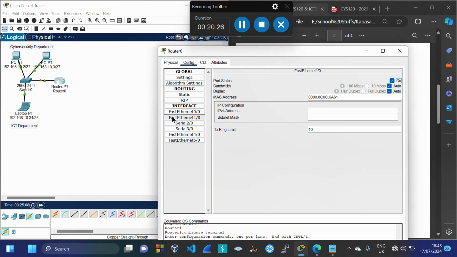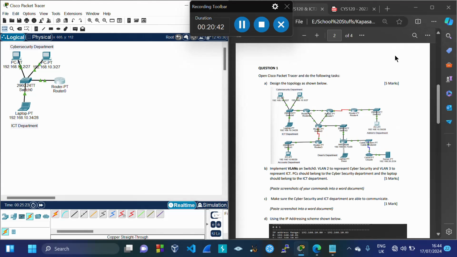That will be done with the help of VLANs. Once we create something which can accommodate two or multiple IP addresses, in that case, that is a trunk.